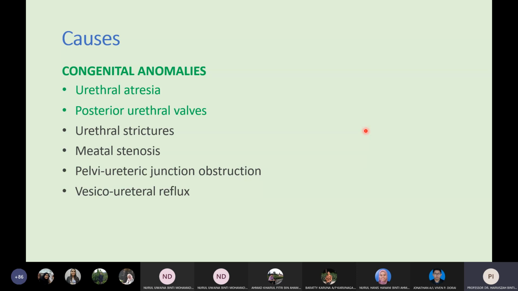So, urethral atresia, they're born with these abnormalities, which have to be corrected surgically ASAP, because otherwise it affects not just the kidney but the overall growth of the babies. Posterior urethral valve, urethral strictures, PUJ obstruction, very, very rare. But just know that these conditions exist.